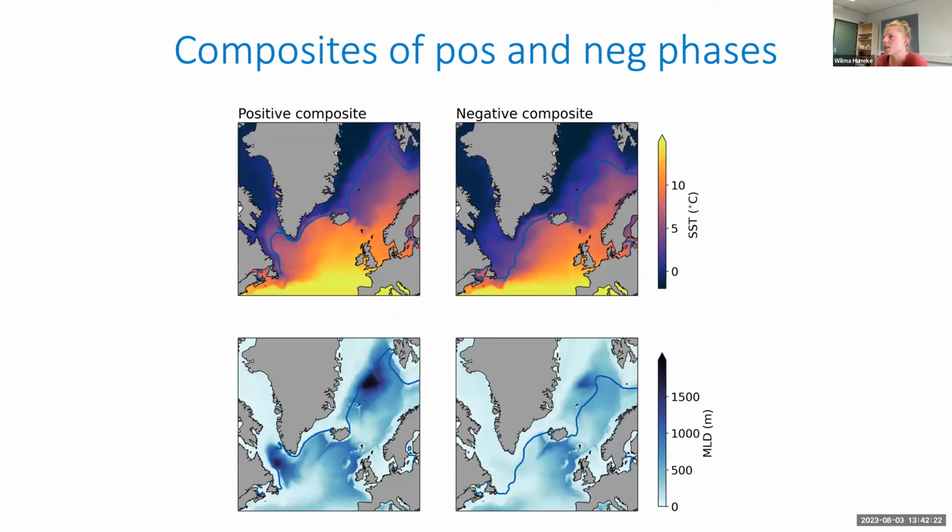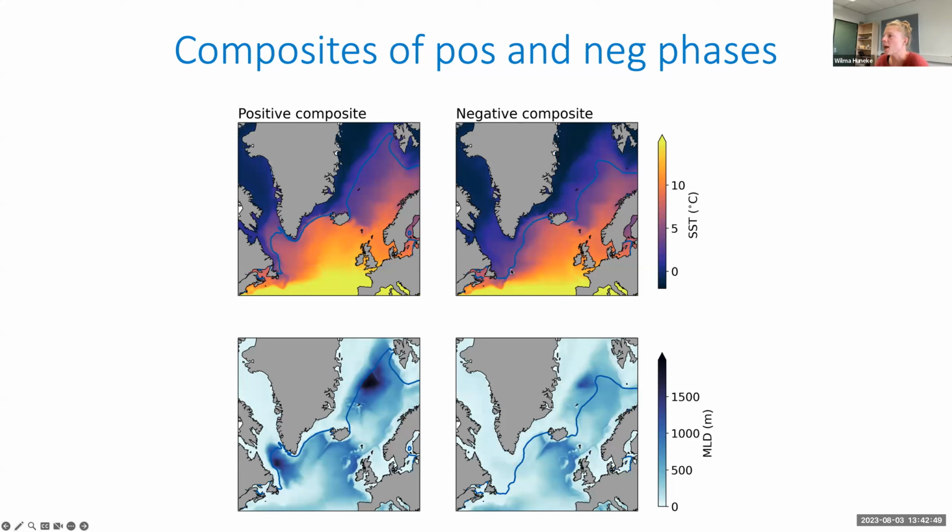So what happens is that in some or most years, we don't have convection in the Labrador Sea, but in some years we do. And this makes this huge difference. So what I'm showing here are composite plots of either positive or negative phases of this variability. So on the right is what I call a negative composite.